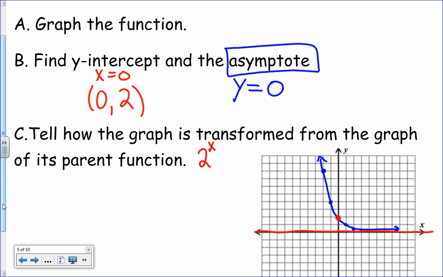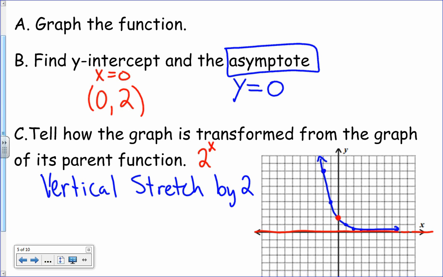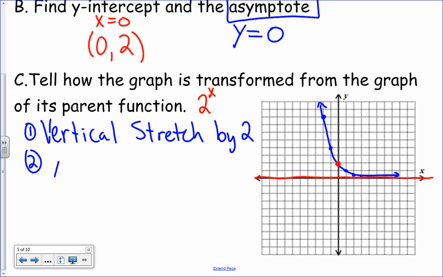So that 2 on the outside is a vertical stretch because it's a whole number, not a fraction, and it's outside. Vertical stretch by 2. The negative inside the exponent is a y-axis reflection.